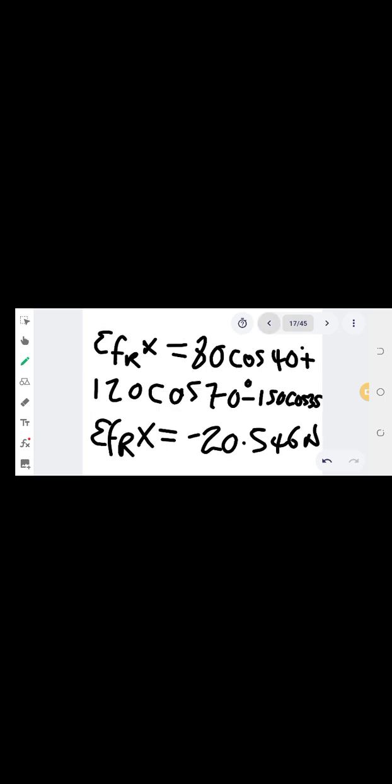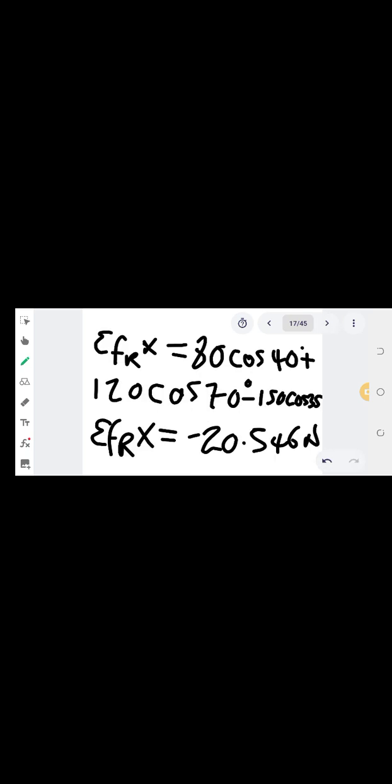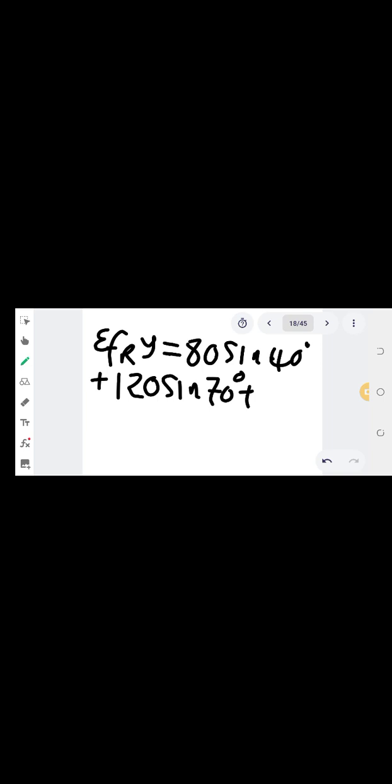after that we do have this 150 newton force. So for the 150 newton force, it is in this direction.